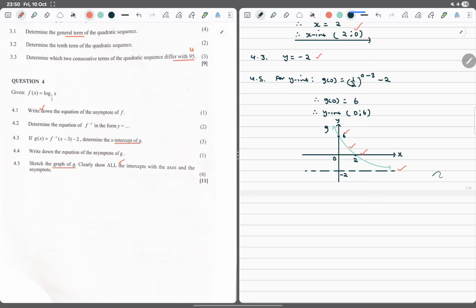Easy 4 marks, guys, and a very easy 11 marks to score. But remember, guys, most important, we need to understand and keep in mind our transformations, be it a reflection or a translation. Okay, nice.